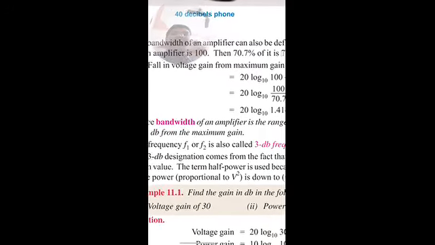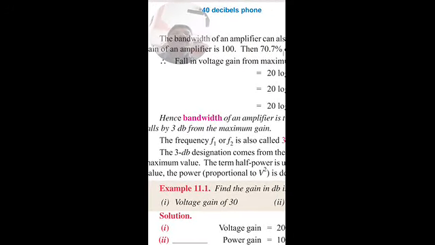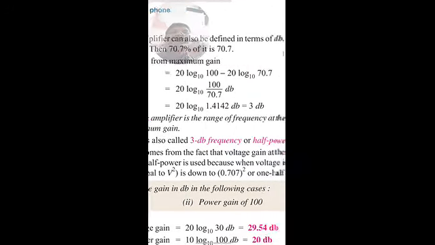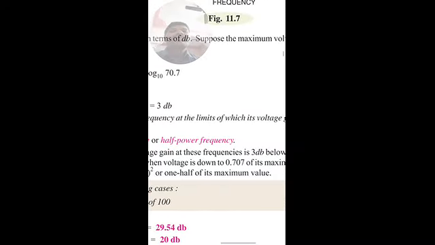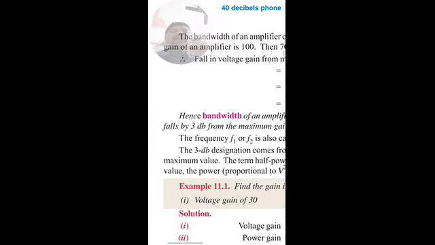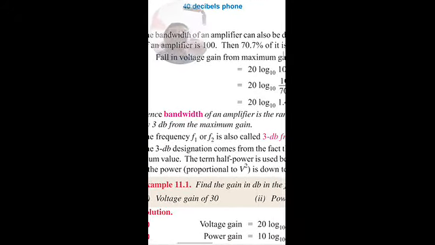Hence the bandwidth of the amplifier is the range of frequencies at the limits of which its voltage gain falls by 3 dB from the maximum gain.